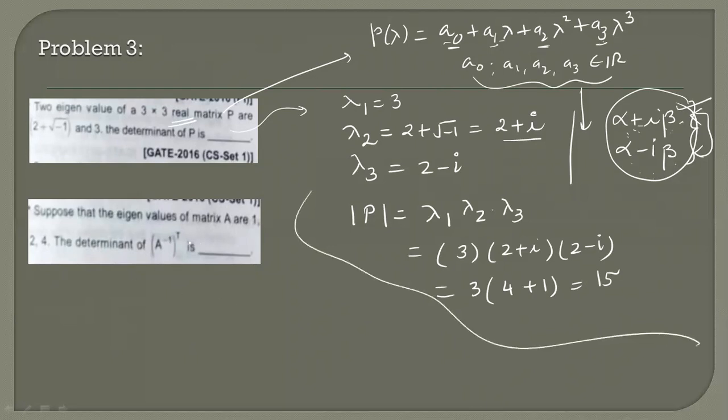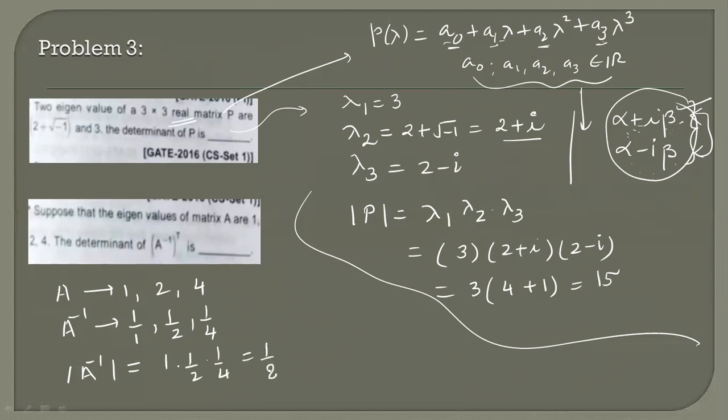Another question is, suppose that the eigenvalues of A are 1, 2 and 4. Then the eigenvalues of A inverse will be 1 upon 1, 1 by 2, 1 by 4. You can see lecture 11, where I have discussed properties of eigenvalues. And the determinant of A inverse will be equal to the product of eigenvalues, which is 1 by 8.